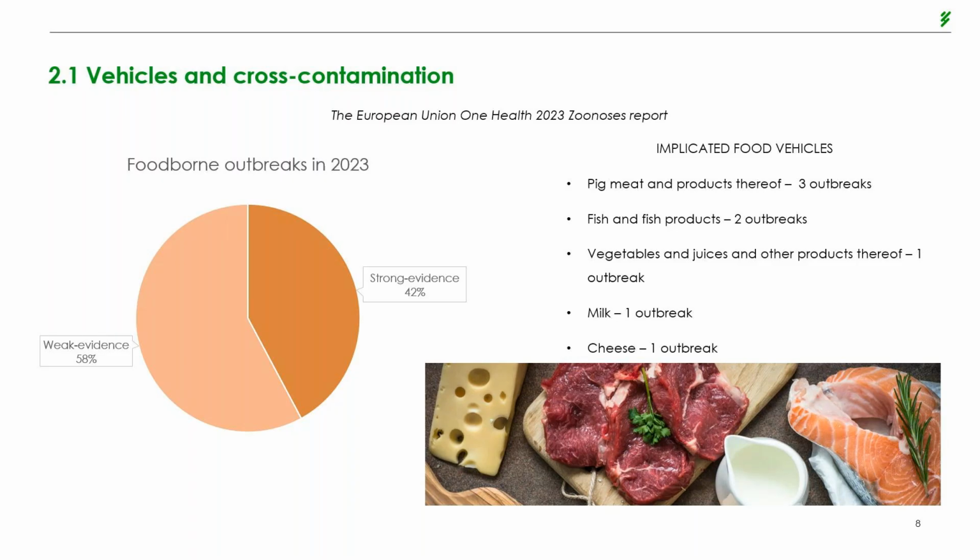The most relevant category was pig products and products thereof, responsible for 3 outbreaks, and fish products, 2 outbreaks. The rest of the categories are related to 1 outbreak, and these were vegetables, juices and products thereof, milk, and cheese.